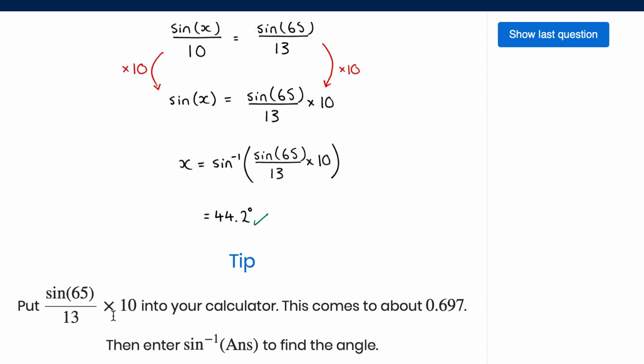Then press the right directional button and enter times 10 outside the fraction. Afterwards, press equals to get an answer of about 0.697. This is now stored under the answer key. So to finish, press shift and then sine and then answer to calculate sine to the minus 1 of this decimal, and that finds the angle.